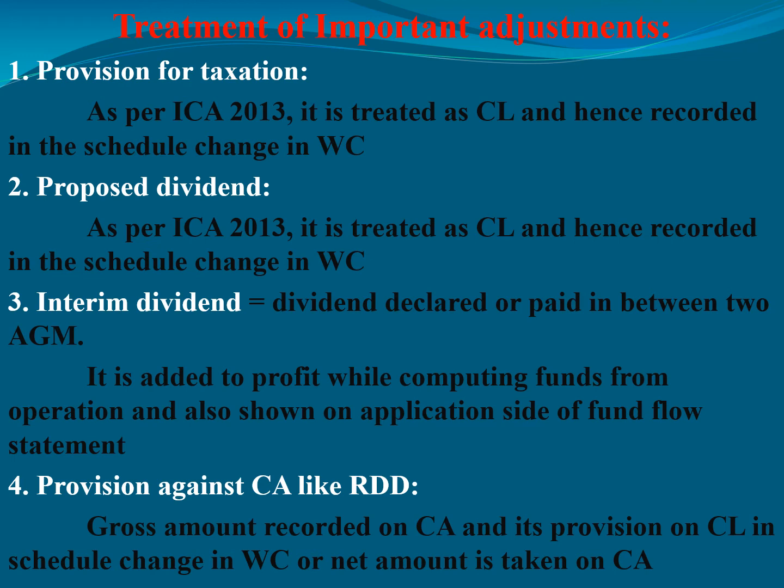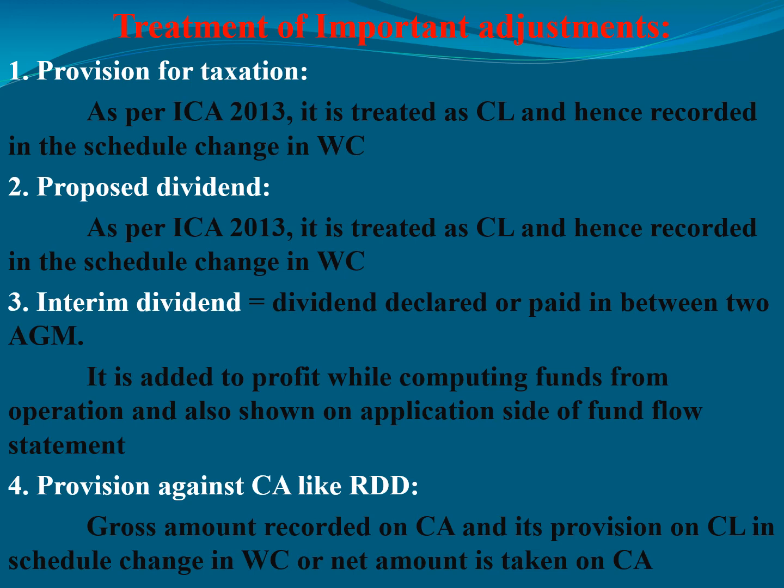In this case, if you have taken the net amount and then RDD, here the students can take the net amount directly in current assets, debtors, and accordingly write the increase or decrease. Or in the current assets column, debtors, you take the gross amount and accordingly write the increase or decrease.